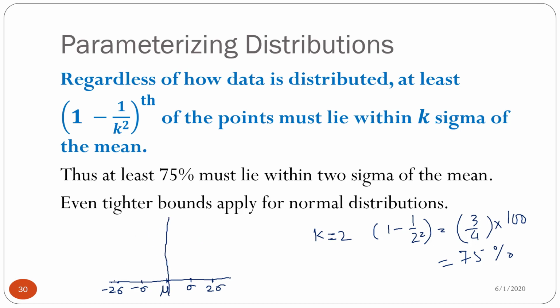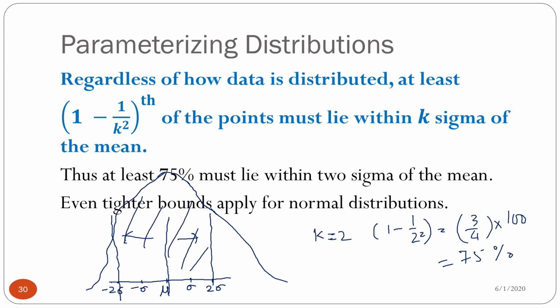So it says that in between this and this, you have 75% of your distribution. So if it is something like this, sorry about this thing, then this region that you have, which is in between minus 2 sigma and 2 sigma, it will have 75% of the data.